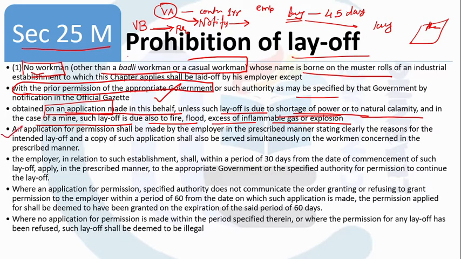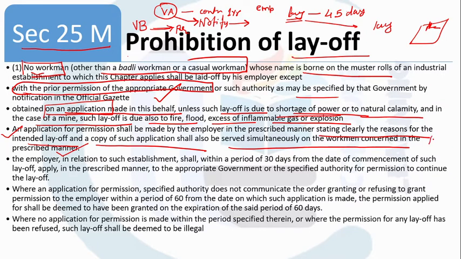The permission has to be given by the government, and the application sent to the government should have everything stated clearly, the reasons why they are laying off, and the copy of the application shall be served simultaneously to the workmen concerned in the prescribed manner.